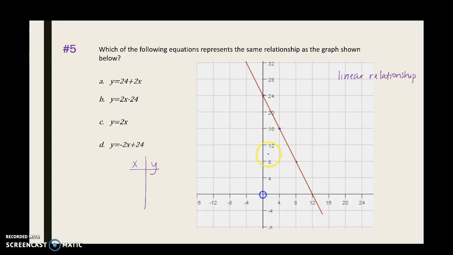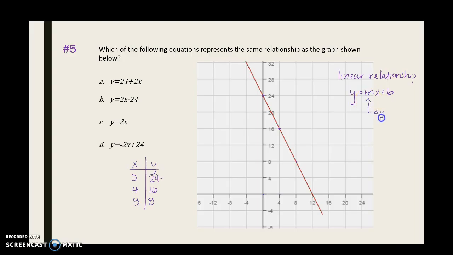X here is 0, Y is 24. Move over here, X is 4, Y is 16. And then X is 8, Y is 8. Okay, so I know that with linear relationships, I'm doing Y equals MX plus B. And M is our rate of change.